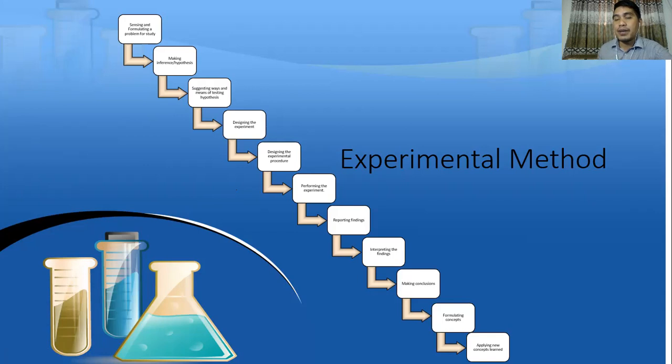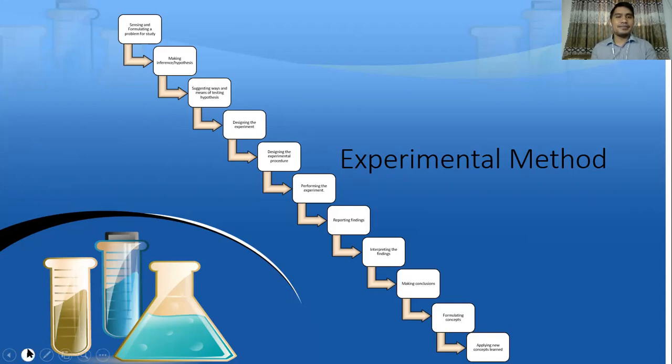This is the actual experimentation process. Then they report the findings. After reporting the findings, they interpret the findings. Then out of the findings that they have, they make conclusions. From the conclusions, they formulate concepts and apply the new concepts. Those are the different steps that you are going to facilitate whenever you employ the experimental method in your class.